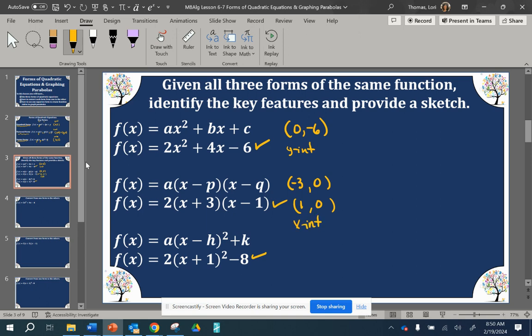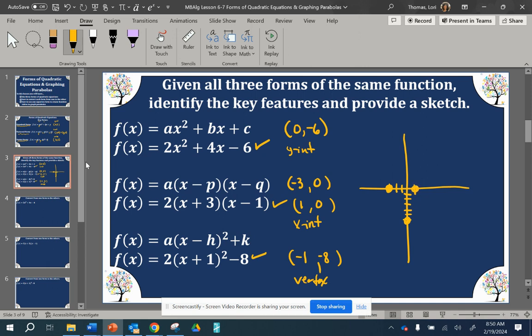In vertex form, we have our h value of -1 and our k value of -8. Now we have 4 points that we can graph this quadratic. (0, -6) is the y-intercept. (-3, 0) is one of our zeros, and (1, 0).